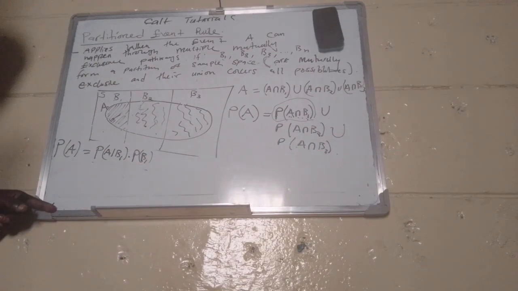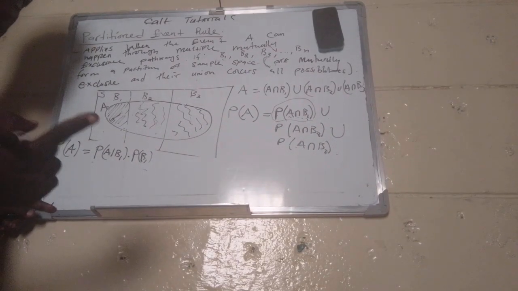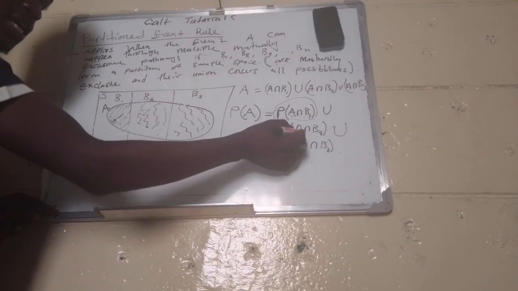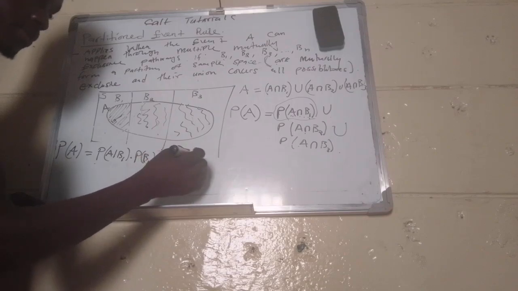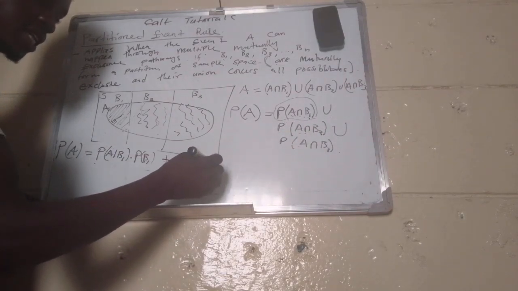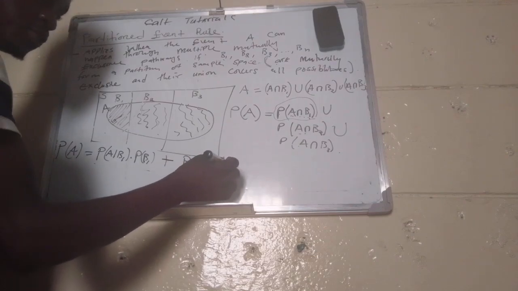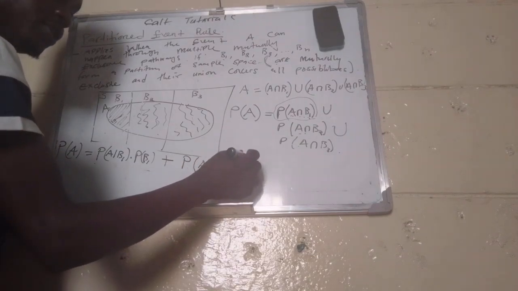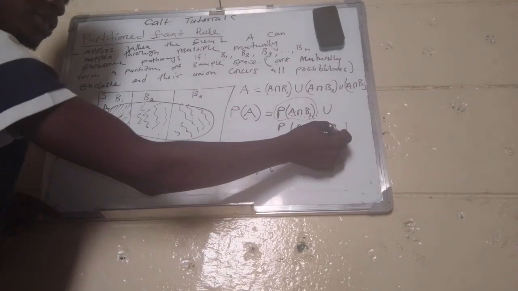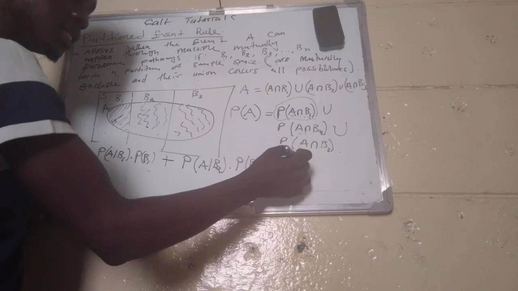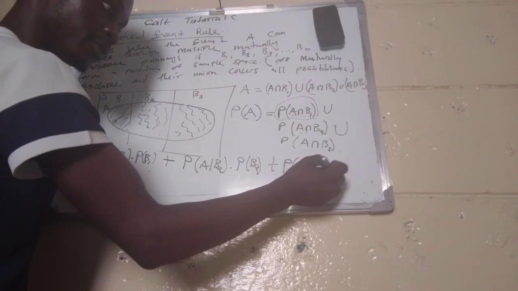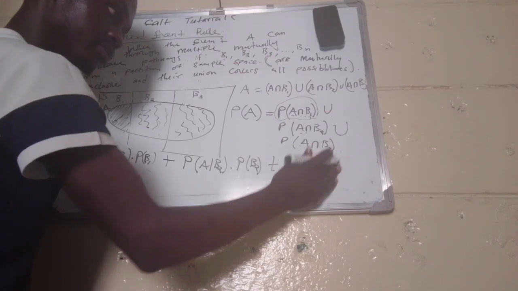Union brings in the addition rule, so I sum up the second part. Probability of A intersection B2 means probability of A given the second partition multiplied by probability of B2. We're okay? Plus, because this is a union, probability of A given the third partition multiplied by probability of B3.